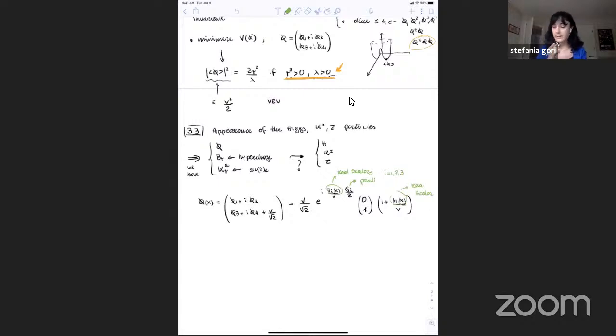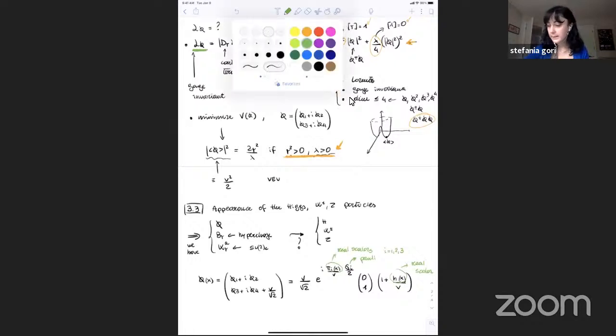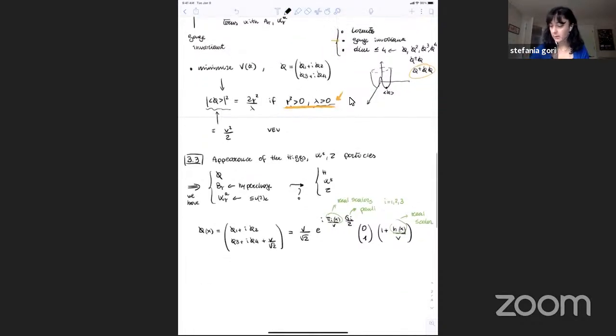And then what we can do is to take the Lagrangian that we wrote above, this Lagrangian here, L of phi, and then plug in this expression for the scalar field.